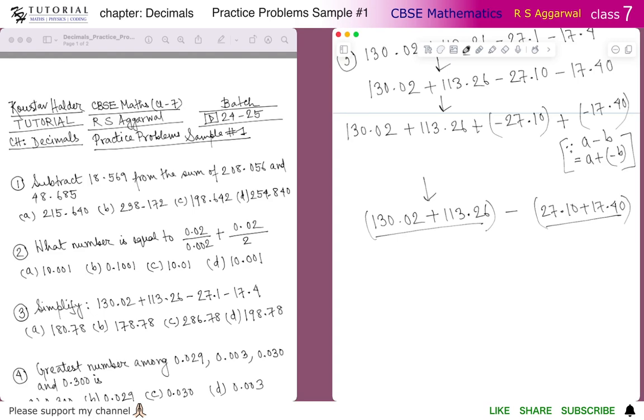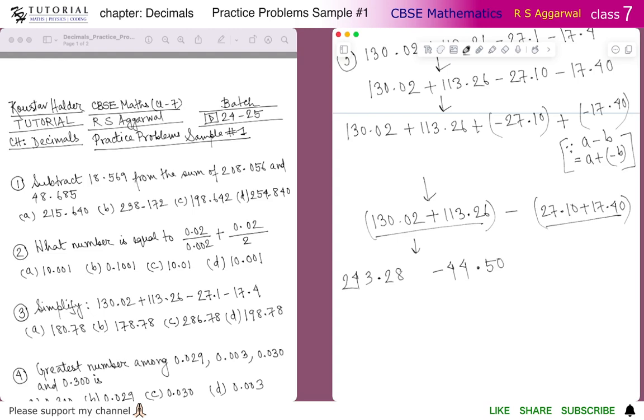Now I have to do the addition of all the positive decimals and also the addition of all the negative decimals. If I add 130.02 and 113.26, this will be 243.28, minus the addition of all the negative decimals, that is 27.10 plus 17.40, which becomes 44.50.